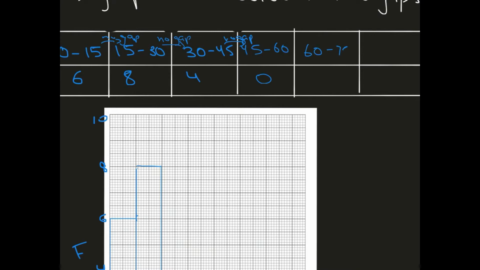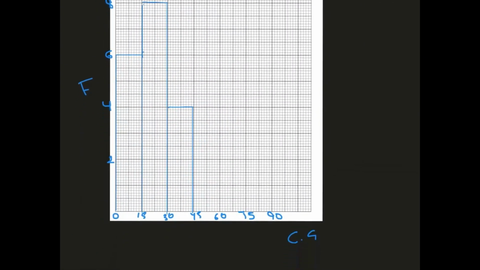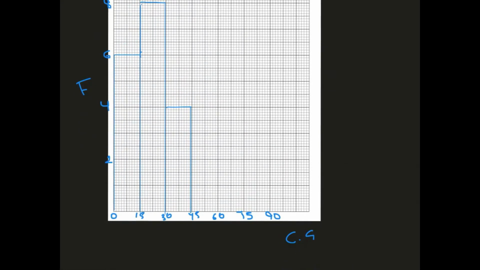So again, no gap over here, but it has a frequency of 2. Let's just assume. So 60 to 75, we have a frequency of 2. So our column will look something like this.